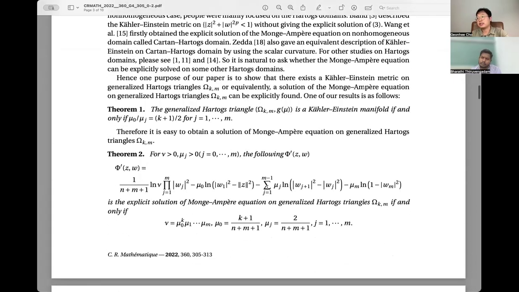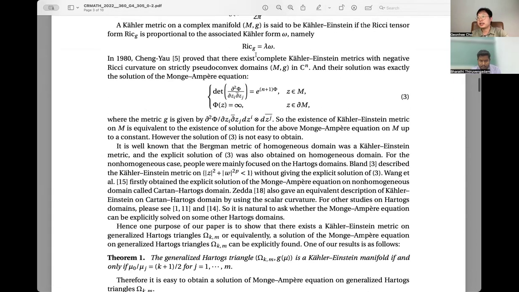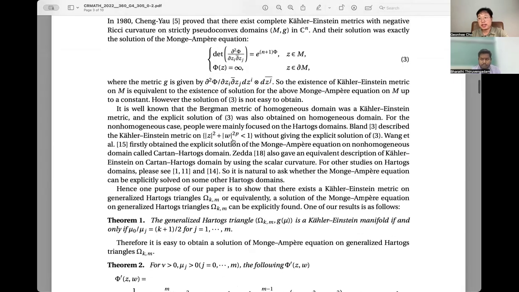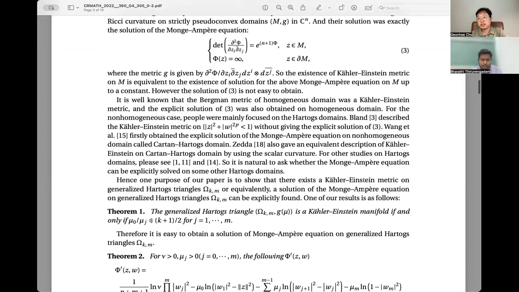And they check the Kähler-Einstein metric condition, and in some of the cases it works. But for the two-dimensional case, it might not work. So one can still check, right? But we have a slightly different context for looking at this construction.